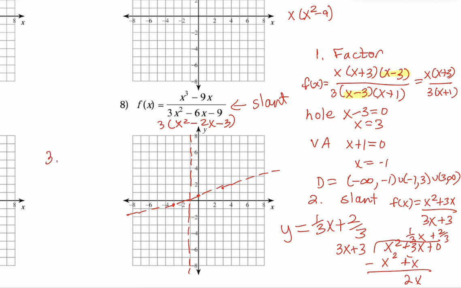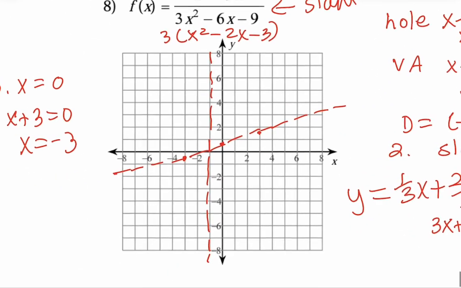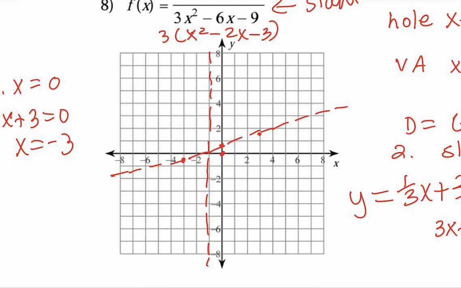That's our intercepts. The x-intercept is where the top factored version equals 0. So that's where x equals 0 and x plus 3 equals 0. So we hit the x-axis at 0 and at negative 3.